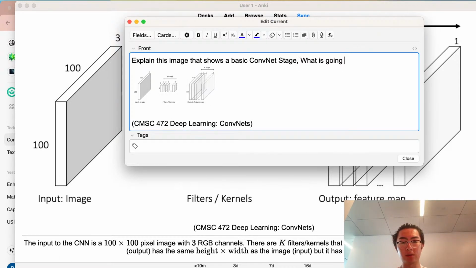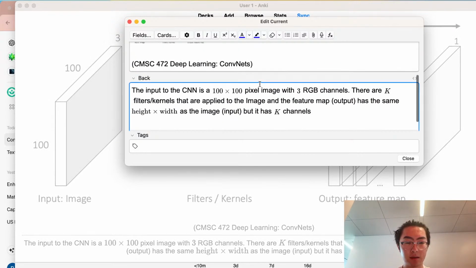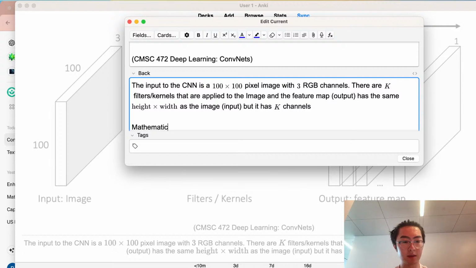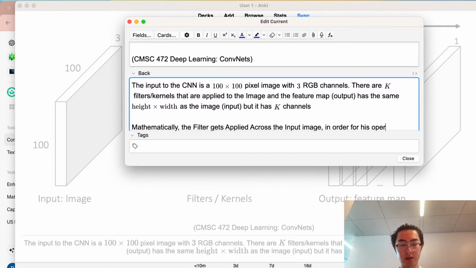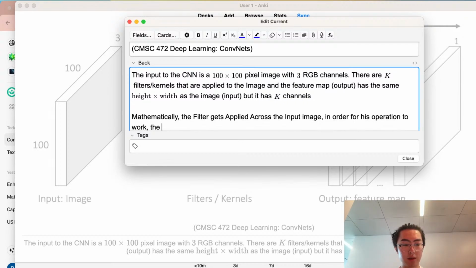what is going on mathematically. Okay, so mathematically, the filter gets applied across the input's image. In order for this operation to work, the depth, number of channels for the filter and input need to be the same.